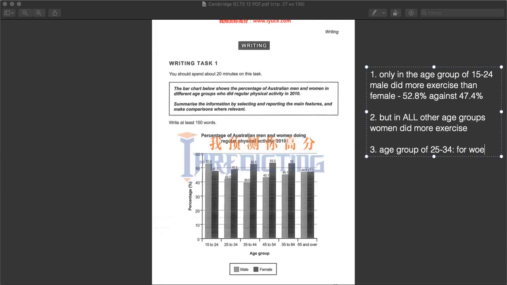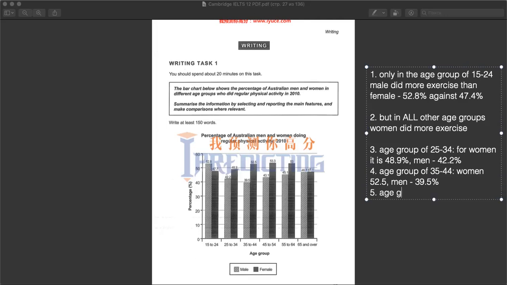For women it is like this percent; for men it is 42.2%. For the age group of 35 to 44, women 52.5%, men 39.5%.